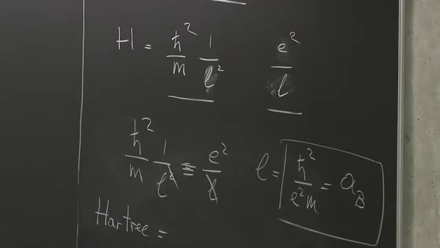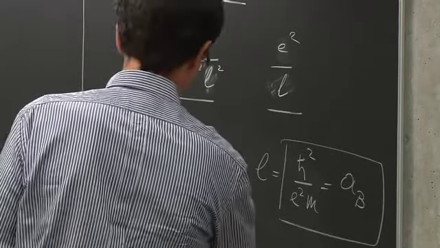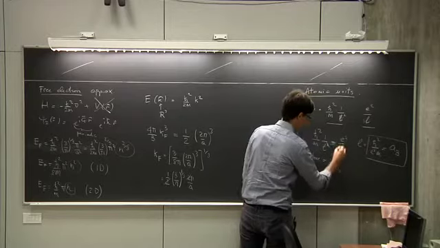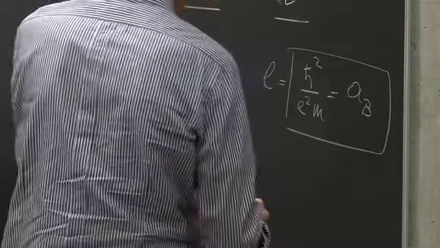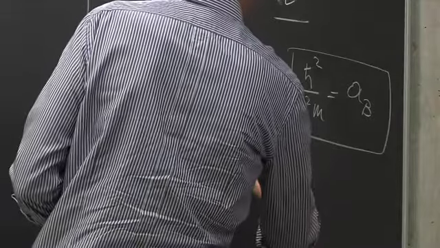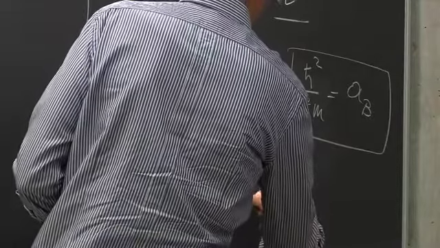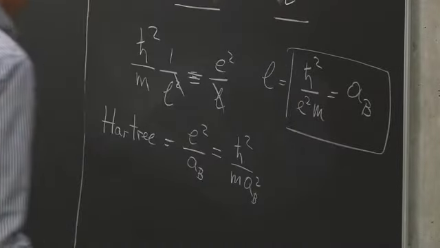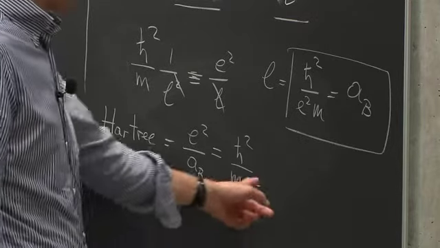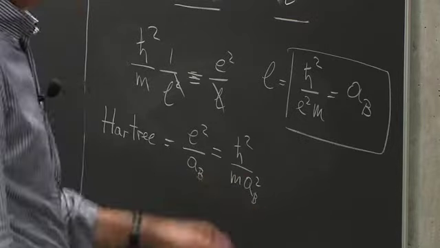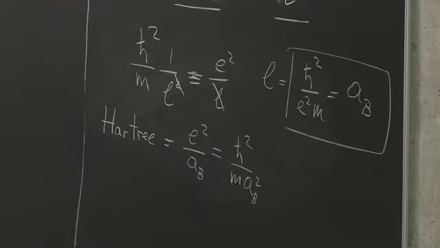One Hartree is e squared over the Bohr radius. Or equivalently, and I know they must be equal, h squared over m Bohr radius squared. Right? They must take the same value, by the way, because I define the Bohr radius precisely as the quantity that makes these two quantities equal.